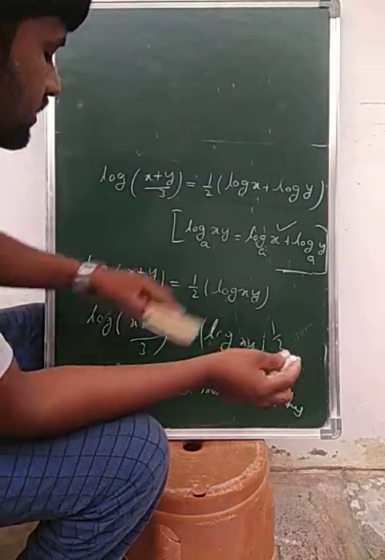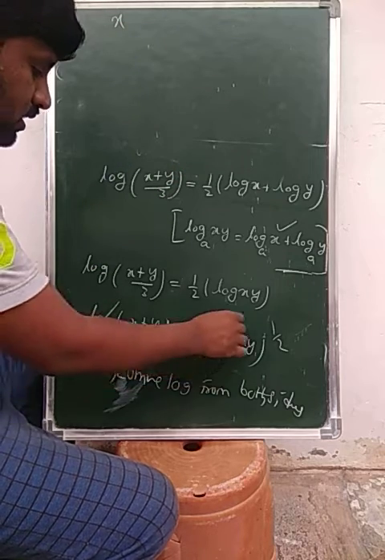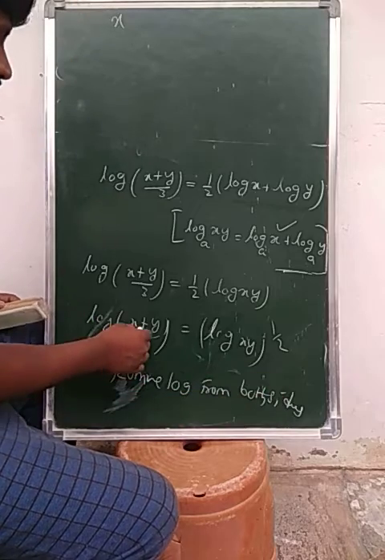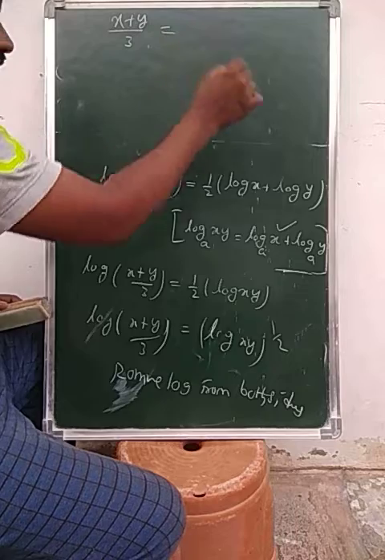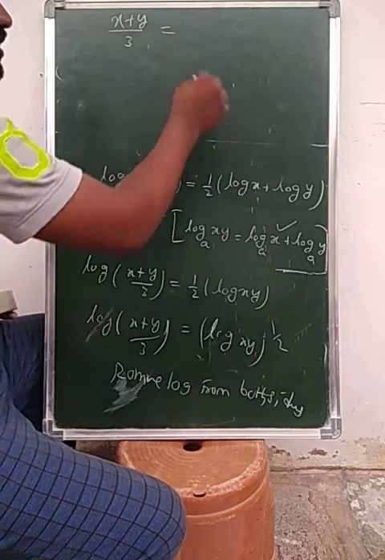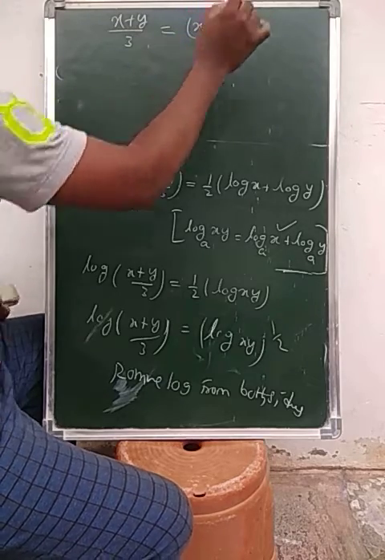After removing log, we get LHS part is (x plus y)/3 is equal to RHS part, that is xy power 1/2.